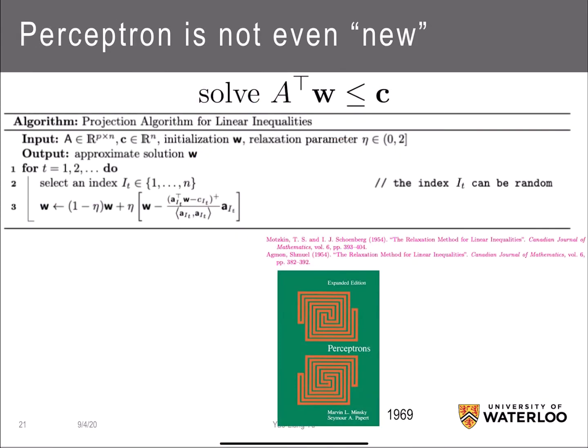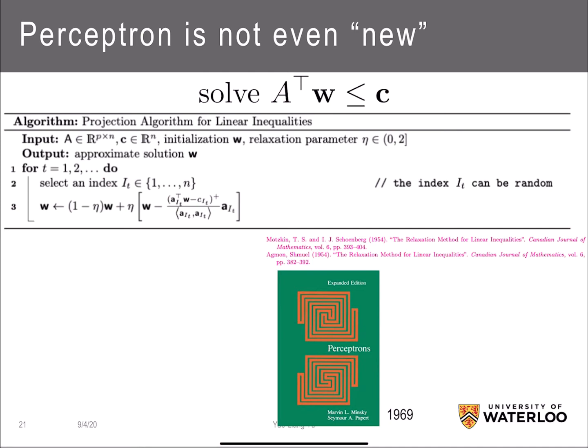Okay, so now comes the surprise. The perceptron algorithm was the first AI algorithm or machine learning algorithm, and it basically kicked off the entire field.